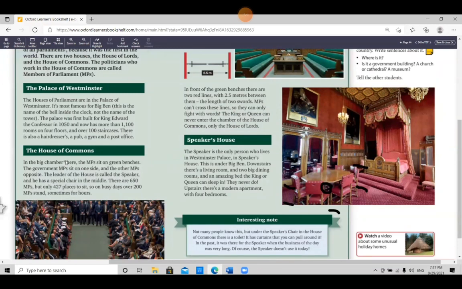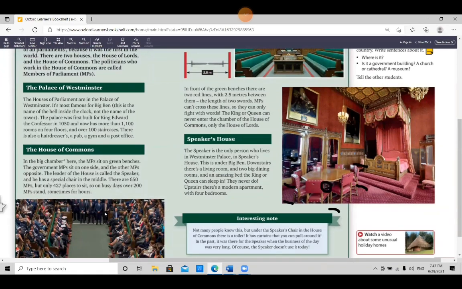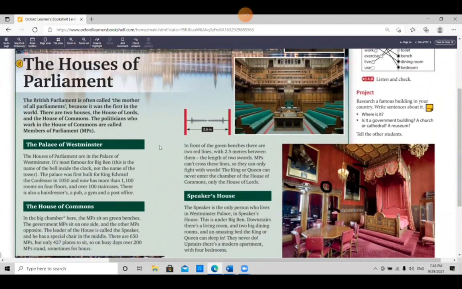So when it is busy or on important days and there is a big number of MPs, or members of parliament, some of them might stay standing for hours because there are no extra benches. A bench is a long chair where three or four people can sit together. We call it a bench.